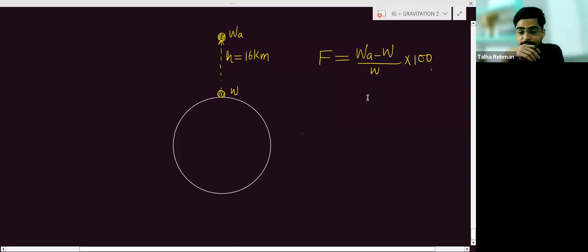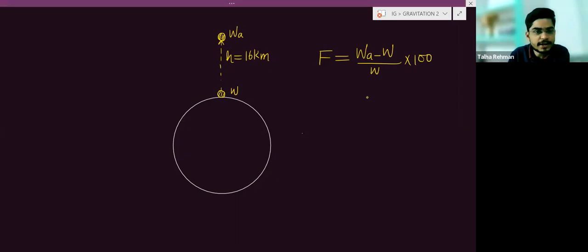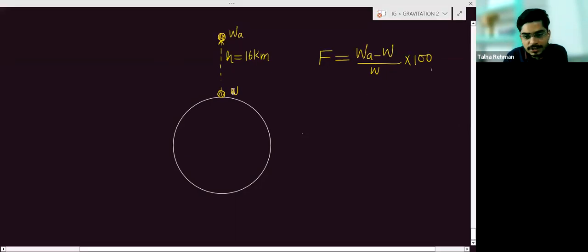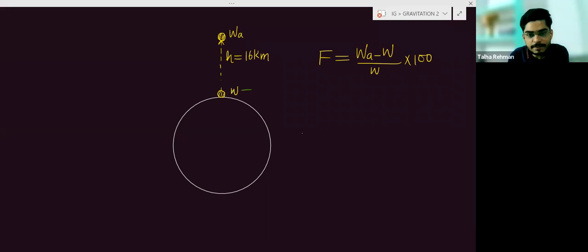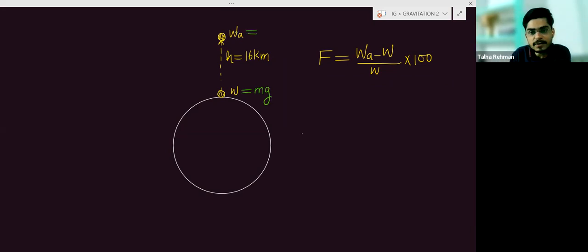So how will we find that? I told you that weight at any position is equal to mass into acceleration due to gravity there. So on the surface, the weight will be the mass of the passenger multiplied by the acceleration due to gravity on the surface of the Earth.